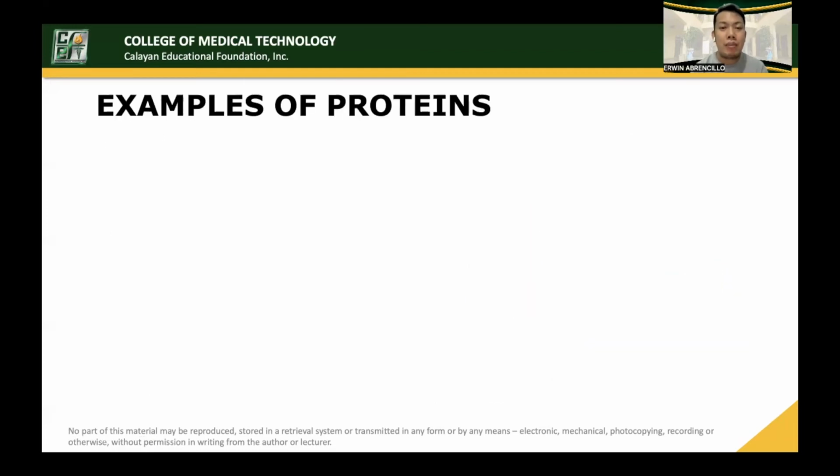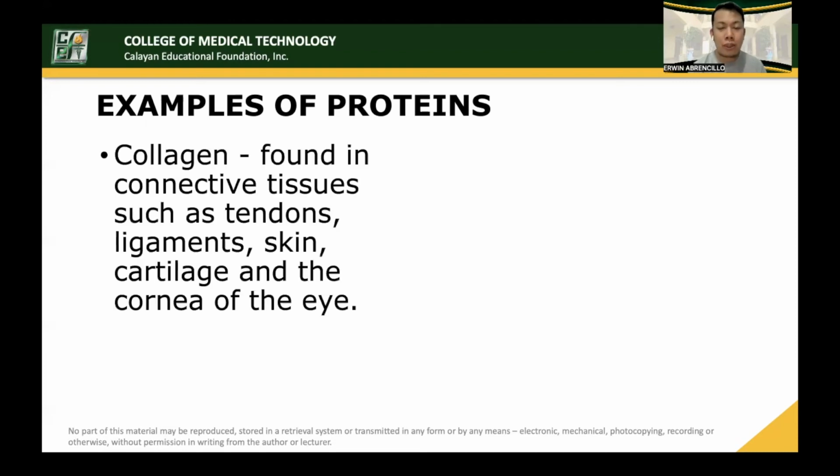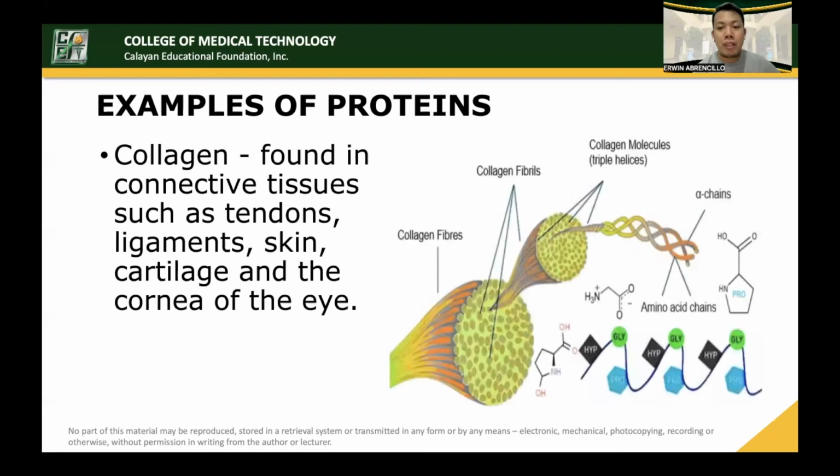So these are the examples of proteins. First, we have collagen. Collagen is found in connective tissues such as tendons, ligaments, skin, cartilage, and the cornea of the eye. This is the illustration of collagen.